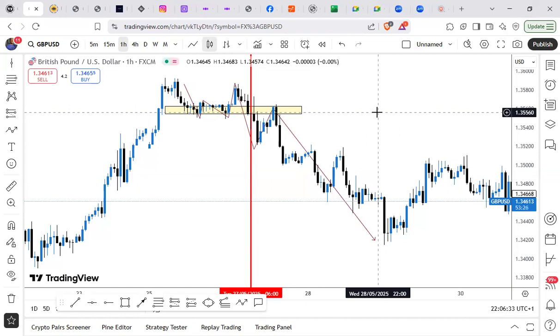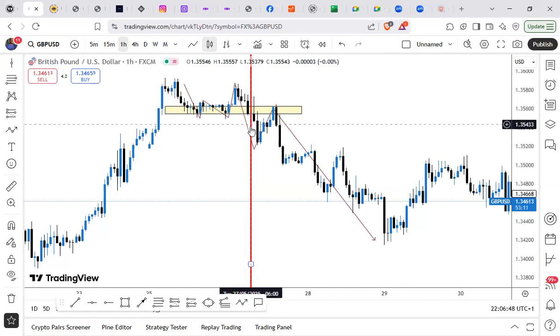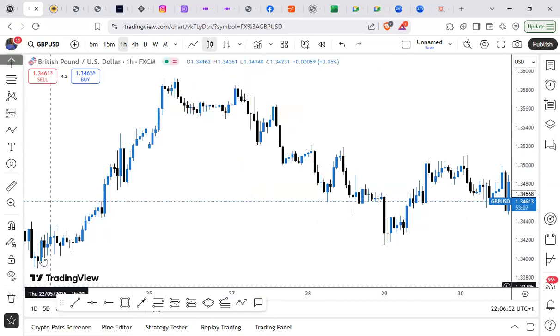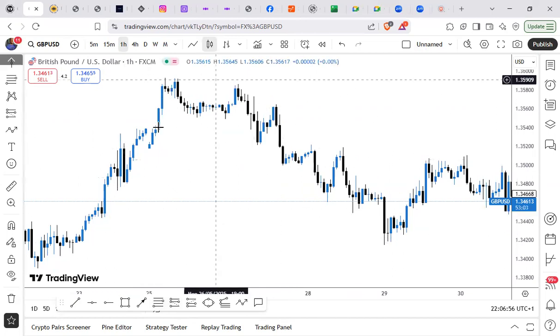Support is like down, resistance is up. Support is your floor, resistance is your ceiling. So in this situation, where is the place where price broke the support and resistance? Like where is the point exactly? I want to identify a zone right here.